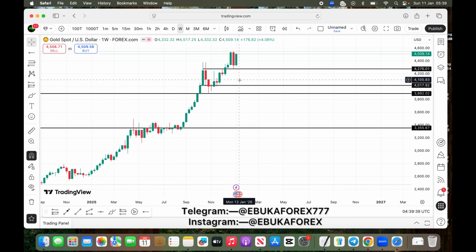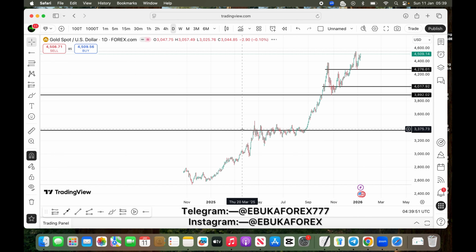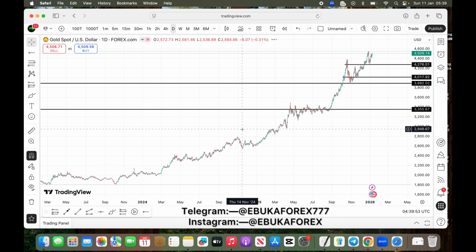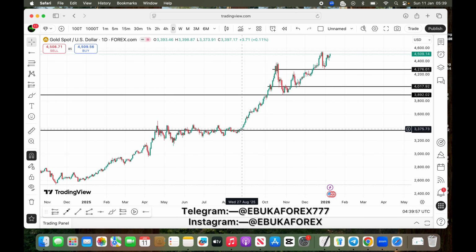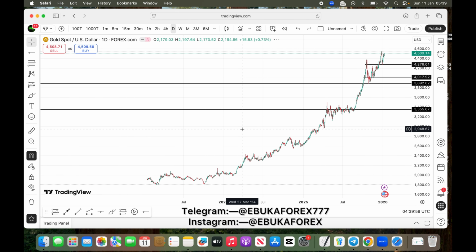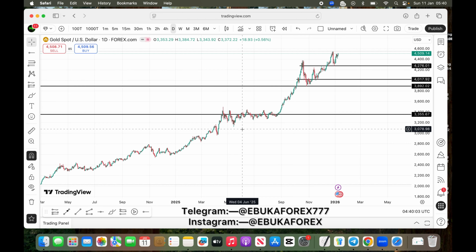So we're now on the daily time frame. If you look at the daily time frame, you see we almost have the same market structure. So the real deal is how to be able to spot those internal liquidity when you dive down to the lower time frame.